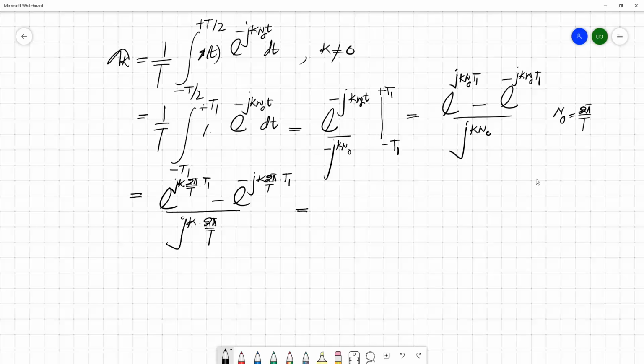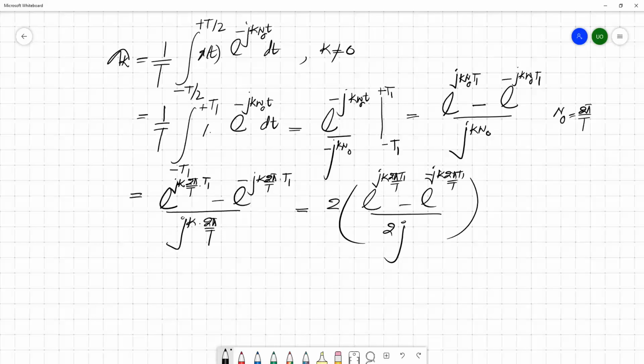So we can replace these e to the power functions using sine. We'll put a 2 here and put e to the power j k 2 pi t1 over t minus e to the power minus j k 2 pi t1 over t, divided by 2j.